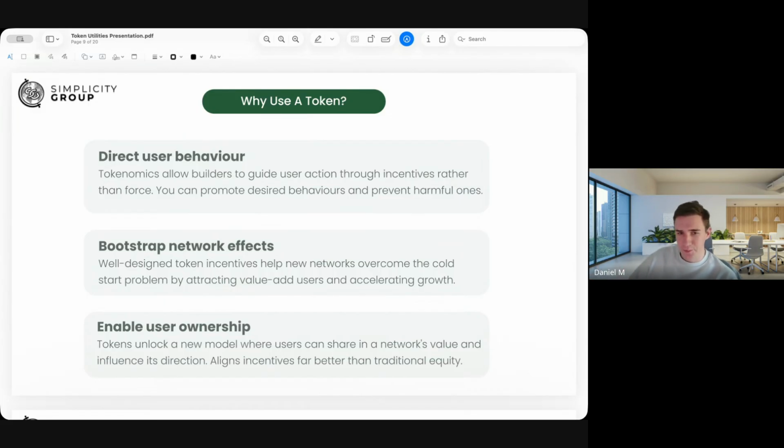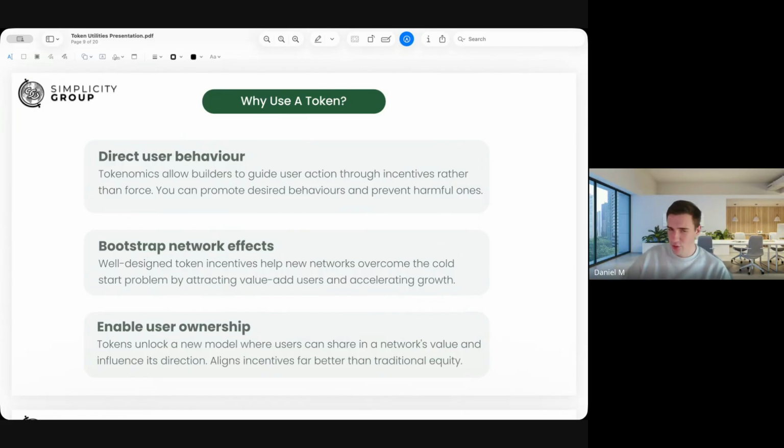Bootstrapping network effects. This was a lot more prevalent in the past, whereby tokens instantly got you lots of hype with an airdrop, but the space is now diluted, so it's less prevalent. However, still, you can use a token and token incentives to overcome the cold start problem, to attract users, and to try and grow out your business.